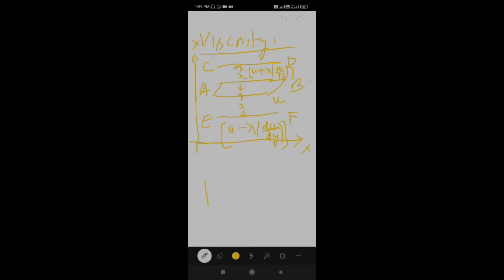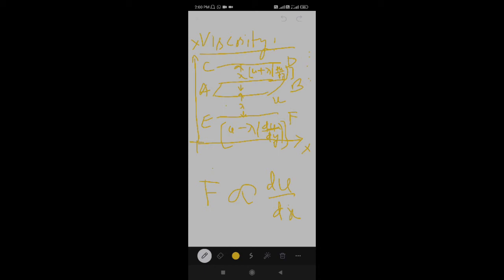This is defined by force equal to eta times the velocity gradient. That means, how much force is acting on the intermediate layer due to this velocity gradient depends upon the magnitude of the velocity gradient.